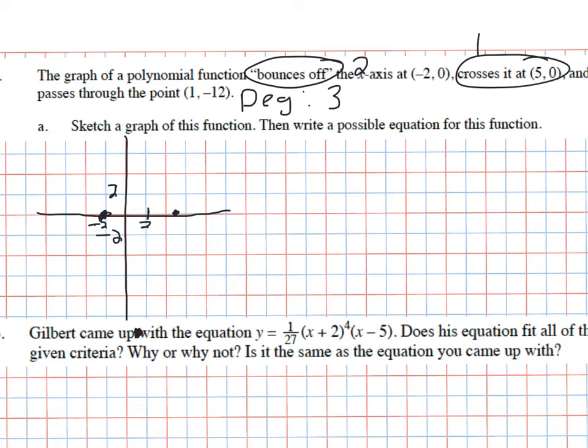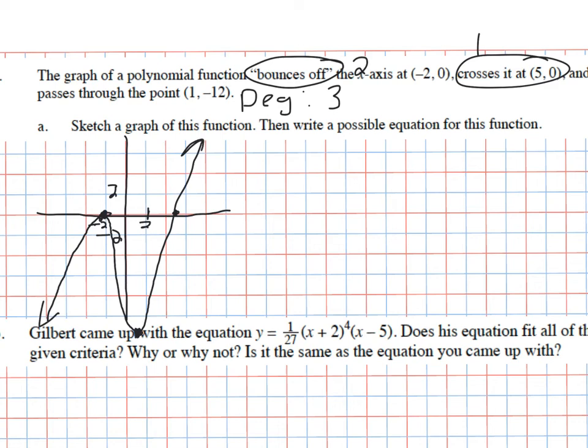So that's going to be of degree 3. Odd degree polynomials, like the S curve for y equaling x cubed, always start low, and it's going to bounce off that point, pass through this point, and then come back up through 5, 0.